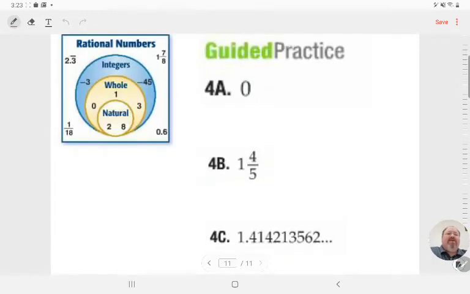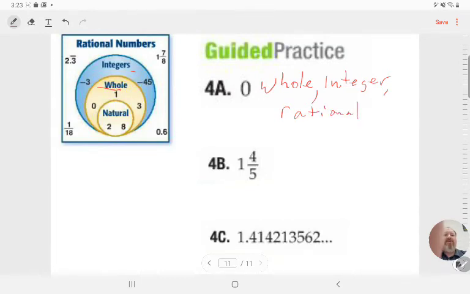All right, so how about 0? What would 0 be? All right, when you look at 0, 0 is right here. It's a whole number. Okay, but it's also an integer. And I could put 0 over 1, so it's also a rational number.